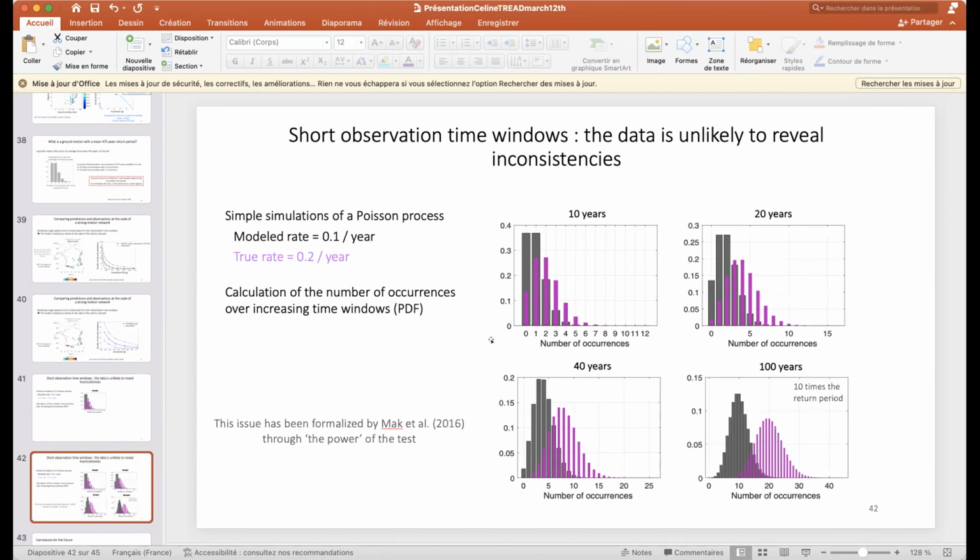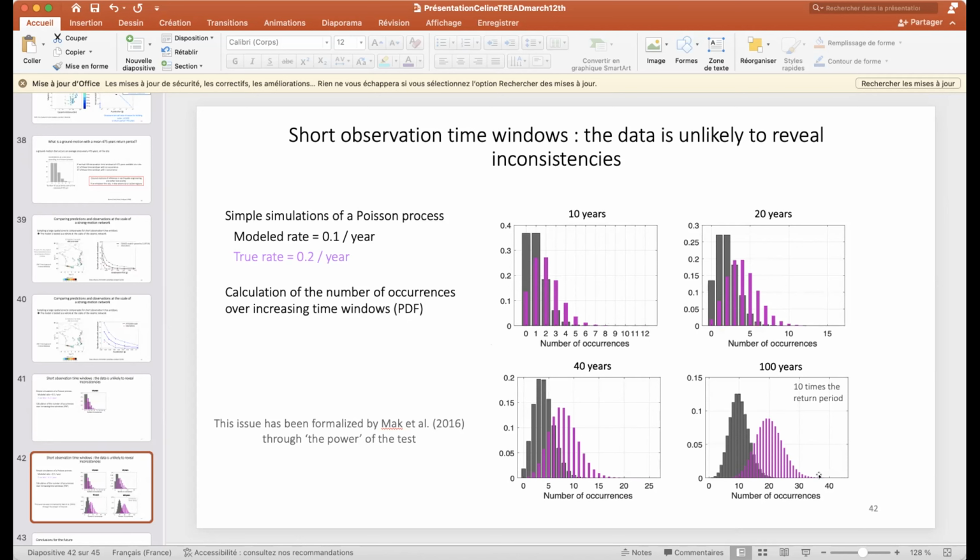If you do the same but consider a longer time window, for example 20 or 40 years, the distributions still overlap. However, if you go up to 100 years, the overlap is reduced and the observation will have more chance to reveal an inconsistency with the model.